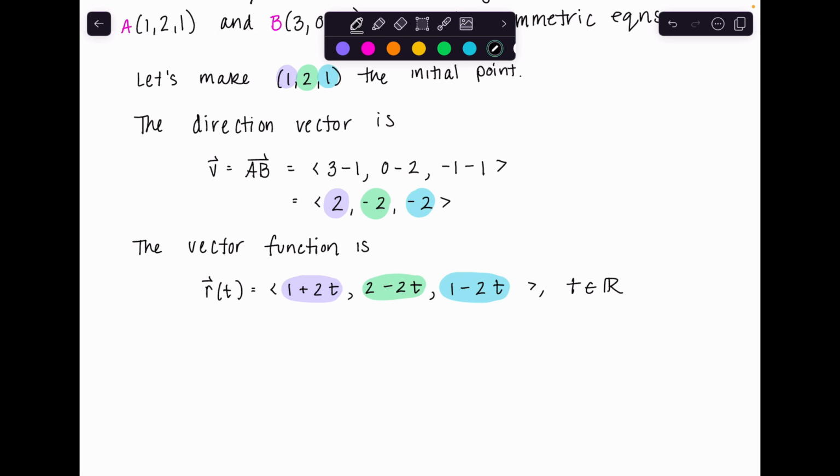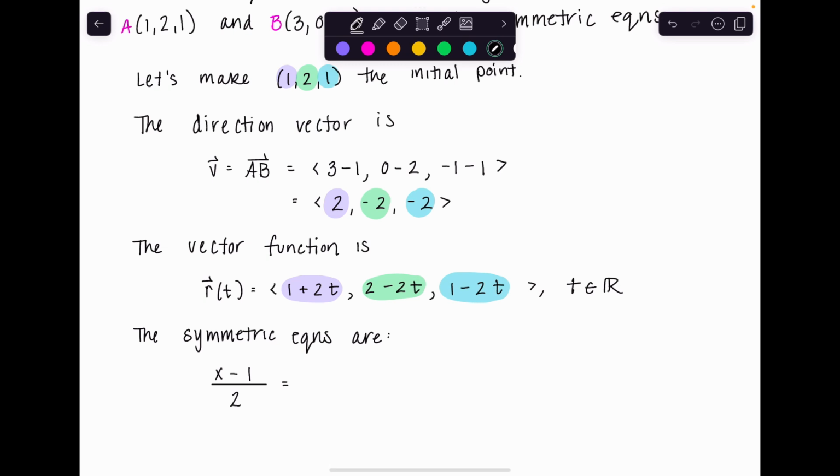And now from here, I can say the symmetric equations are the following. So we do x minus the x coordinate of the initial point, which is 1. So it's 1, and then our slope in the x direction is 2. So we divide this by 2.